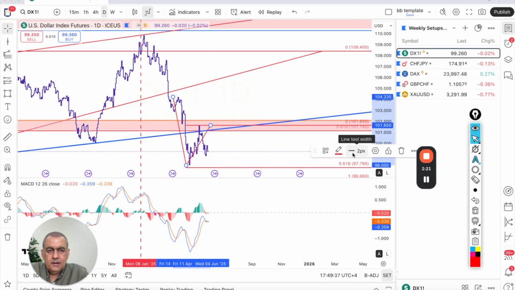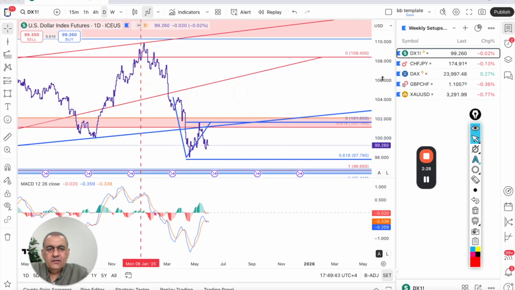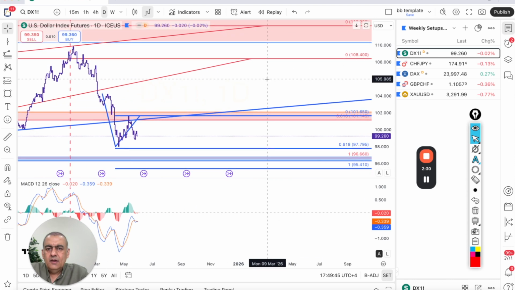Applied, and I'm going to increase the thickness and change the color to blue. So now the blue lines are representing our daily Fib levels. So dollar index is expected to move to the next Fib level, and it's 97.79 or 97.80.